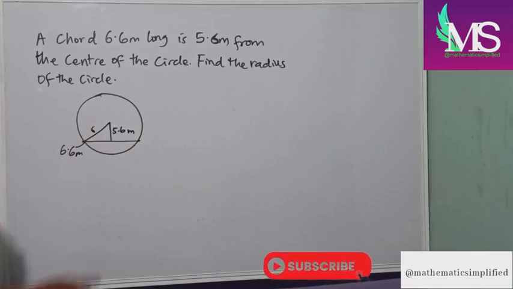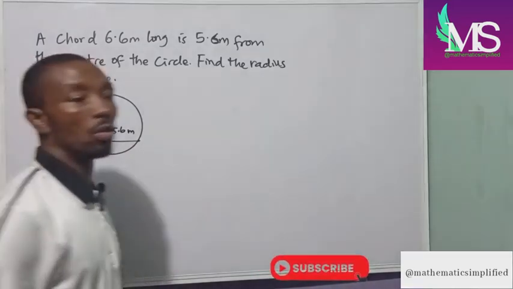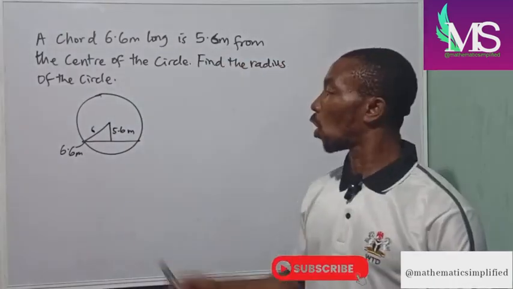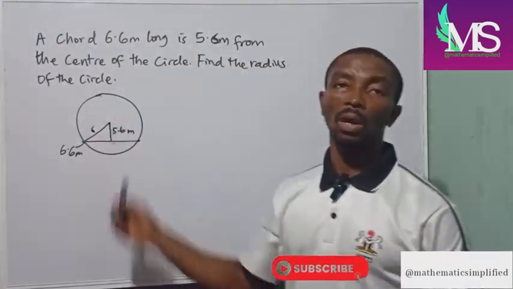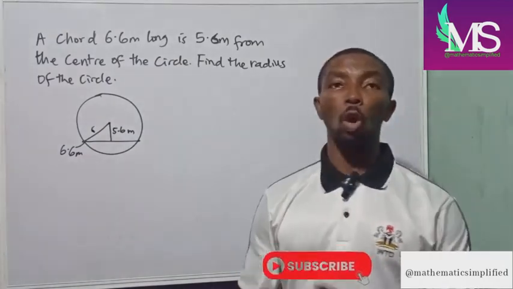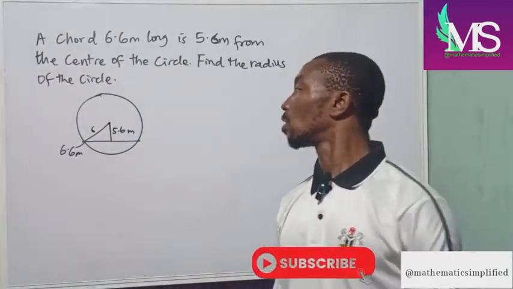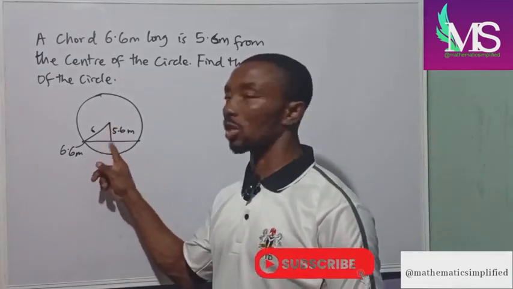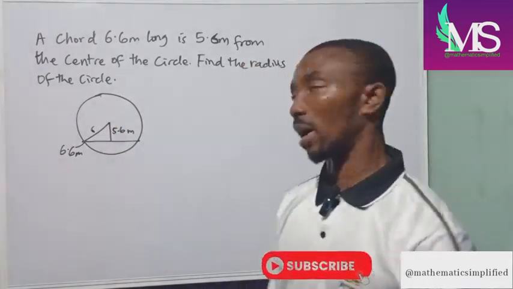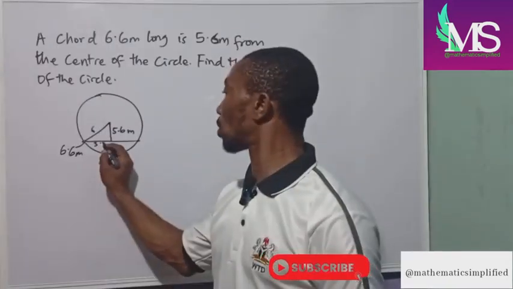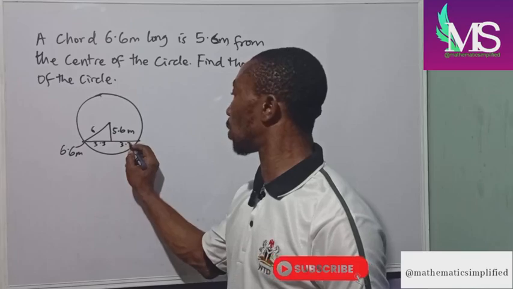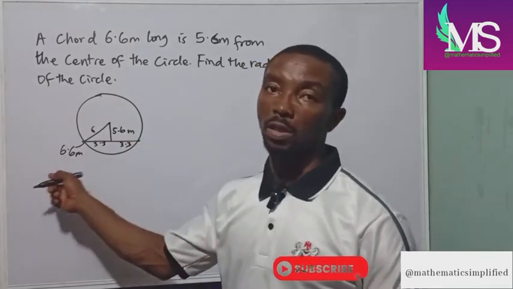Any line from the center of the circle to the chord is perpendicular to it. That means it bisects the chord into 2 equal parts, so this is 3.3 and this is 3.3, making 6.6.